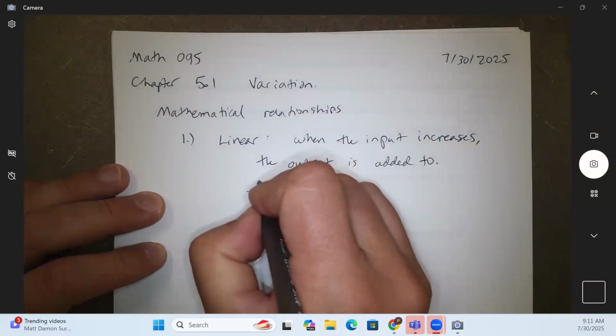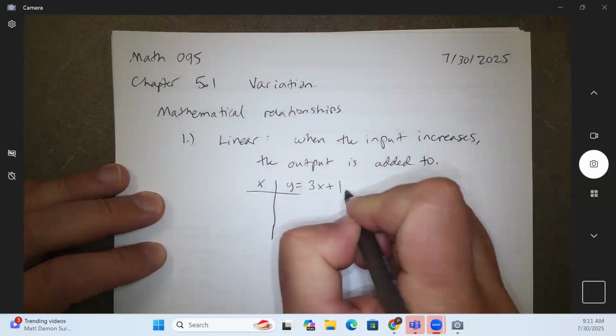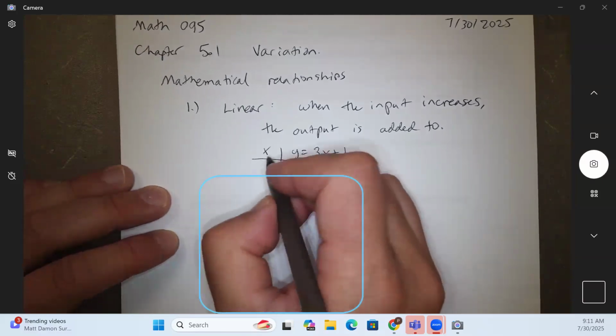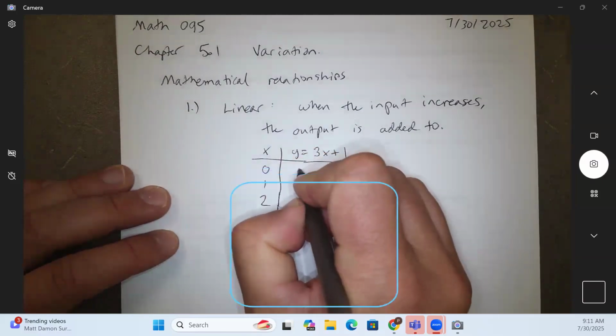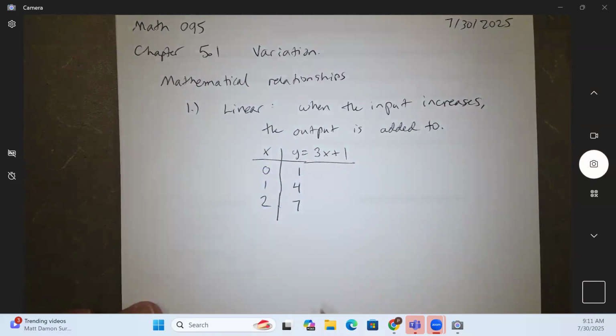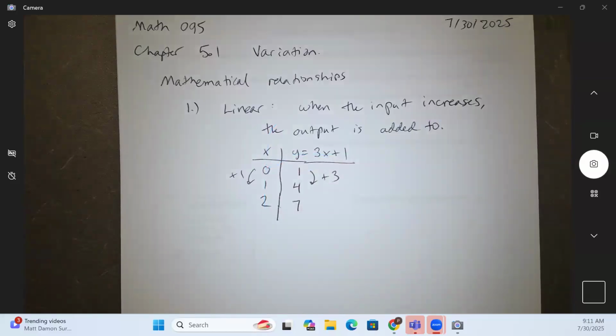So this is our verbal. And here's a little numerical representation. All right, we increase the input, and the output is added to.